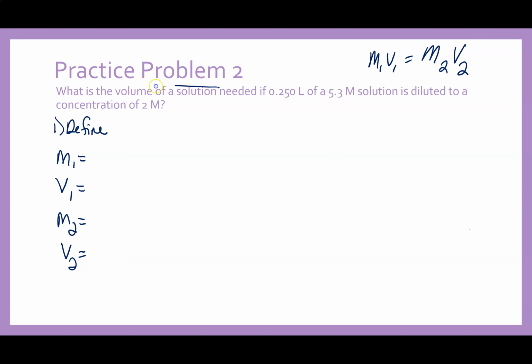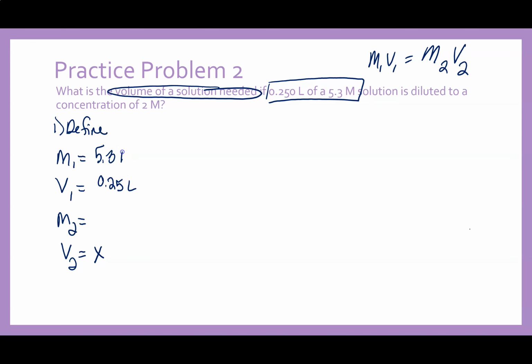It says, what is the volume of a solution needed? So that means our V2 is going to be our X. If a volume of a molar solution, so 0.25 liters and 5.3 molar, is diluted to a concentration of 2 molar.